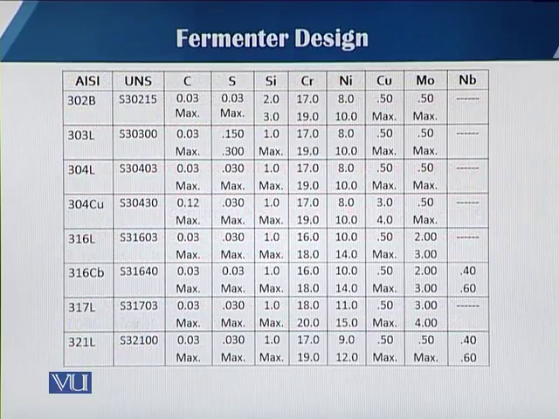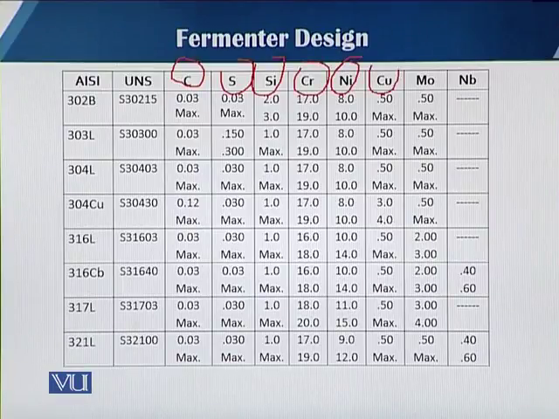So in this slide you can see the different compositions in case of 302, 303, 304, 304 copper, 316L, 316Cb and 317L, reporting the percentage of carbon, sulfur, silicon, chromium, nickel, copper, molybdenum and so on.